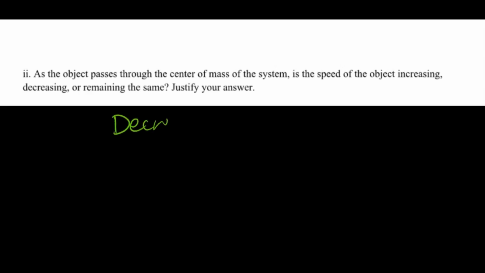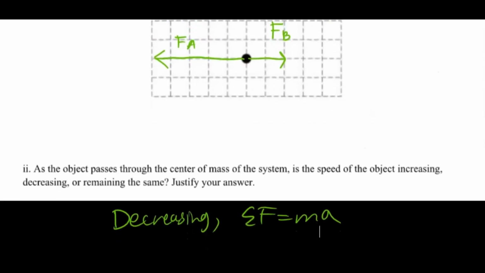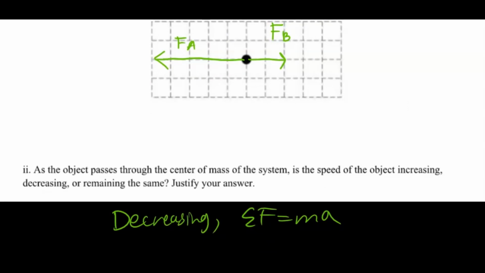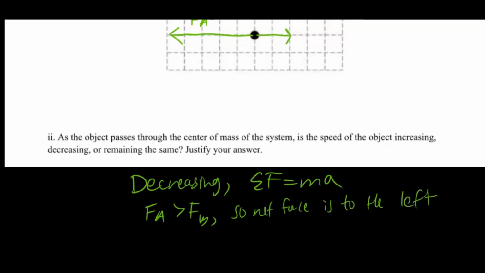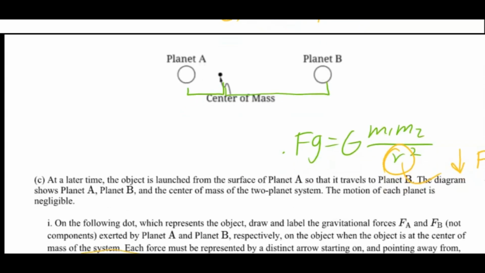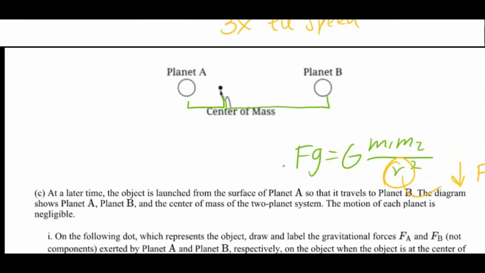Now why? Well, we have to look back at Newton's second law, which states net force equals ma, right? If we look at our forces on our free body diagram, the net force is in the direction of FA, because FA is greater than FB, so the net force is to the left. And since our motion, where is it? Wait, no. It says it's launched from the surface of planet A and travels to planet B. So it's being launched and is traveling to the right.